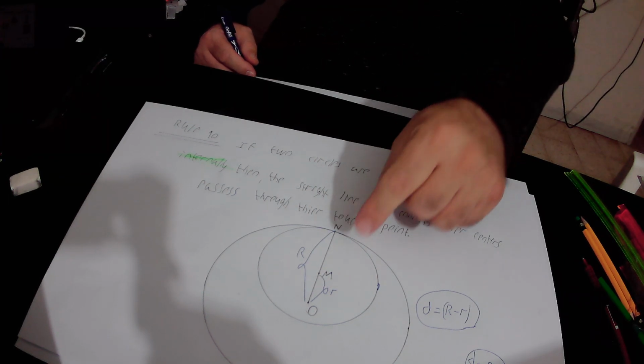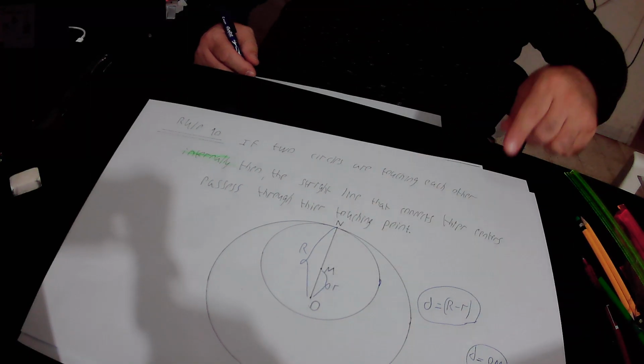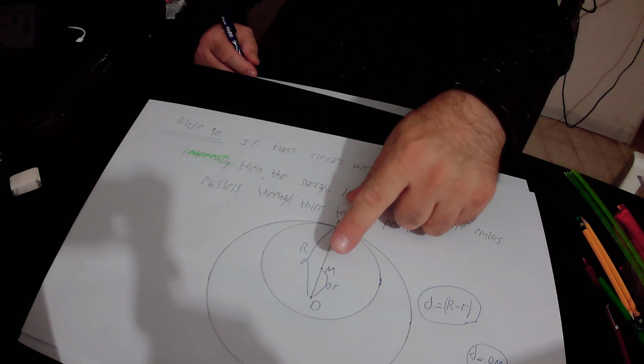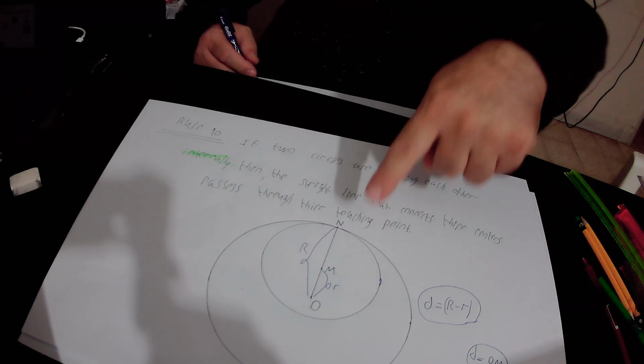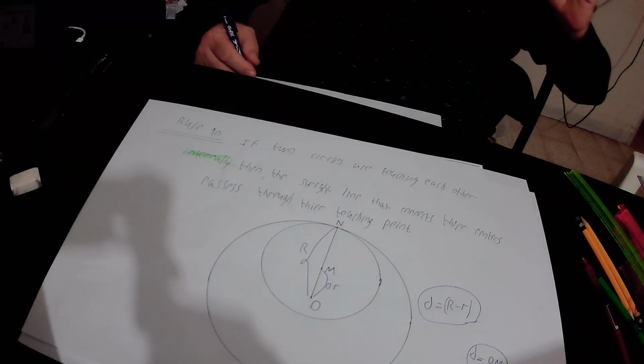And what is the distance between the two centers? That is to say, D, which is equal to OM, it is equal to capital R, the radius of the big circle, minus the radius of the small circle, that is small r.